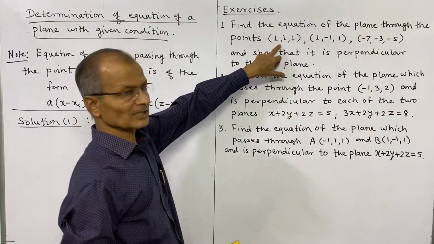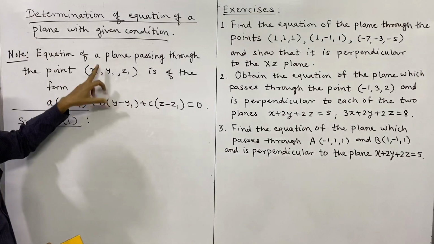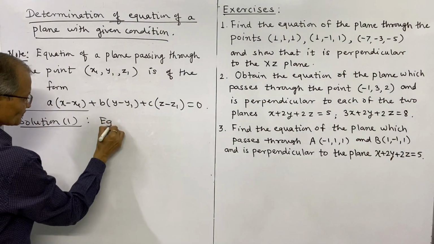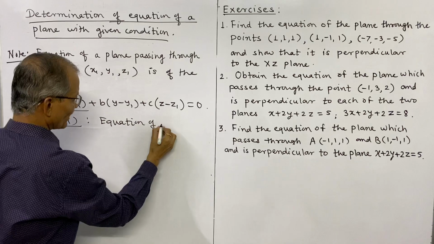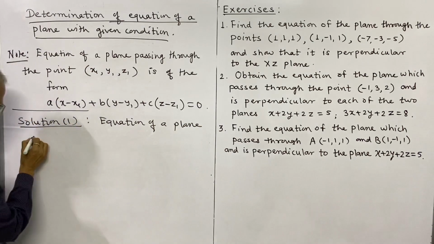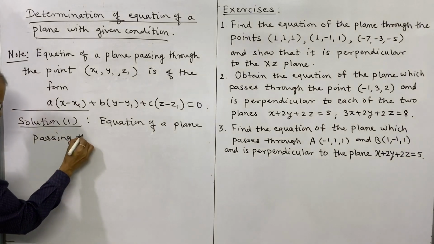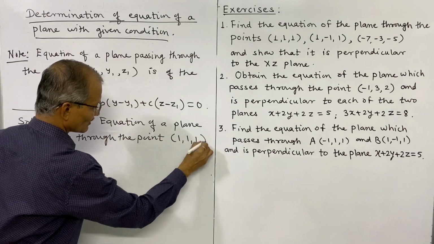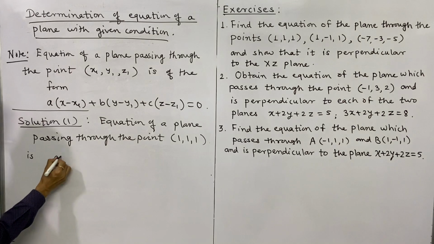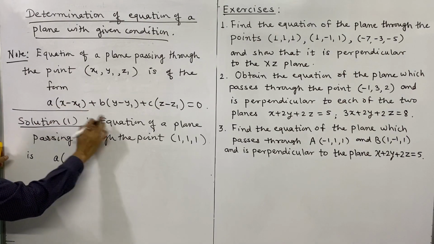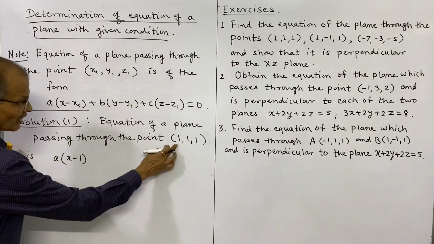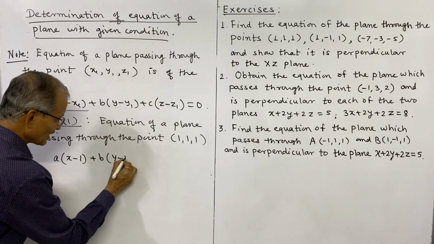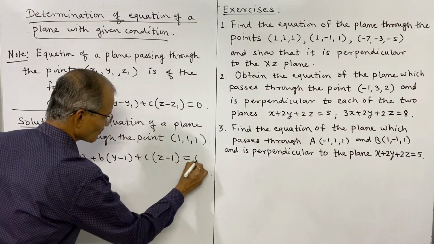Equation of plane, we consider the first point and we use this result. Equation of a plane passing through the point 1, 1, 1 is, now according to this, a into bracket x minus x1, that is a into bracket x minus 1, x1, y1, z1 each is equal to 1, so that will be plus b into y minus 1 plus c into z minus 1 is equal to 0.